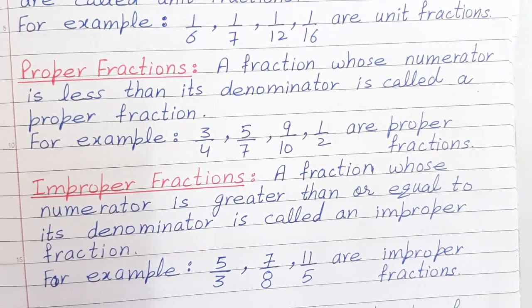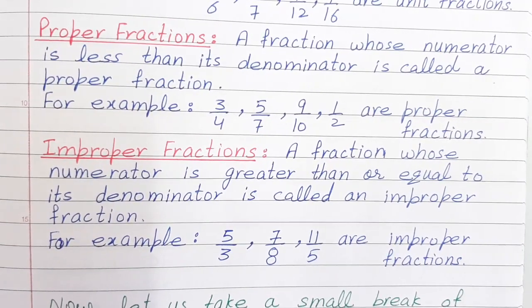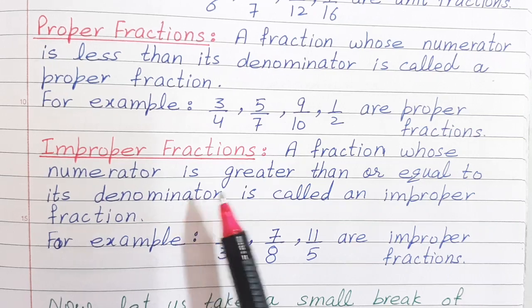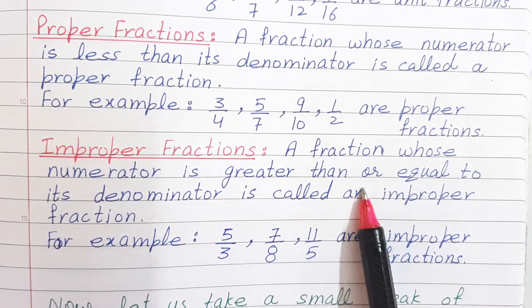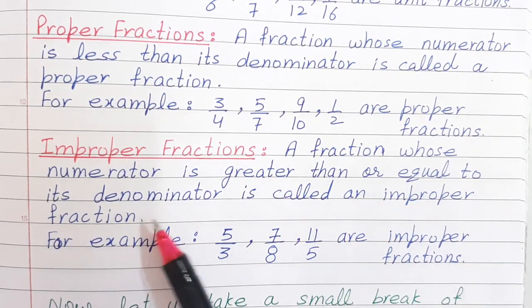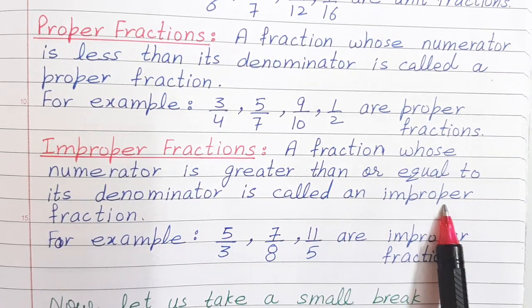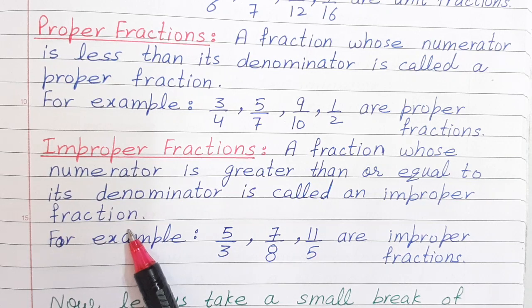Now what is an improper fraction? A fraction whose numerator is greater than or equal to its denominator is called an improper fraction.